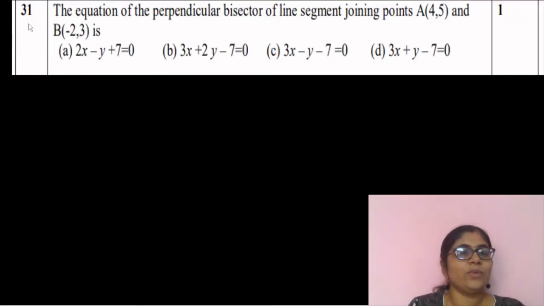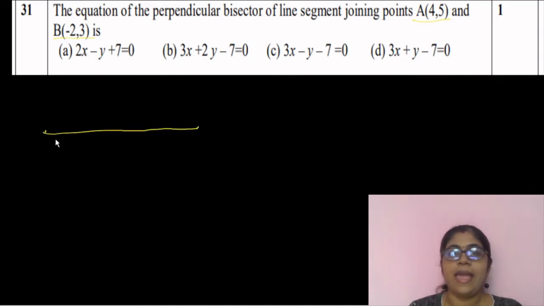Now question number 31. The equation of the perpendicular bisector of the line segment joining points A(4, 5) and B(-2, 3) is, so we have 2 points A and B. A has coordinates 4 and 5 and B is minus 2 and 3.